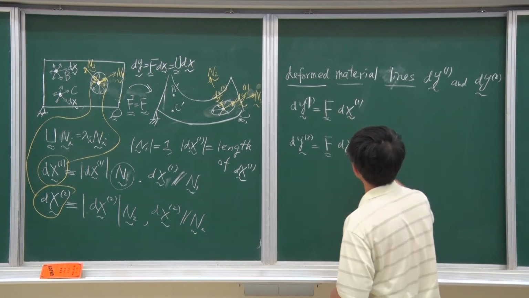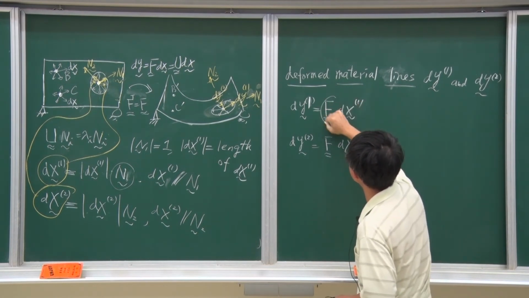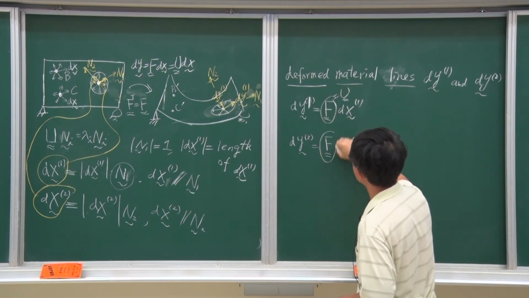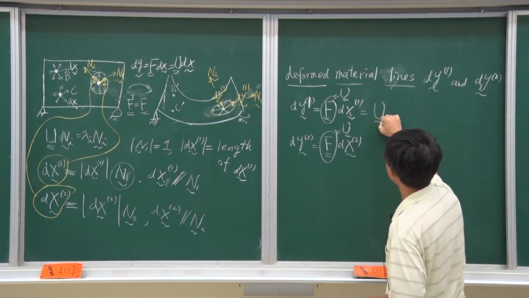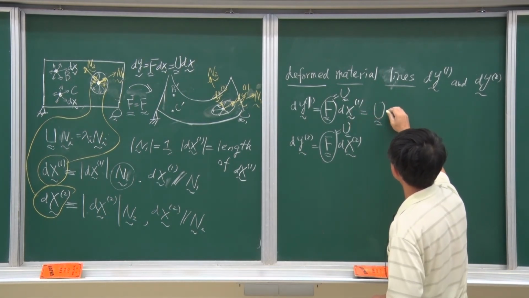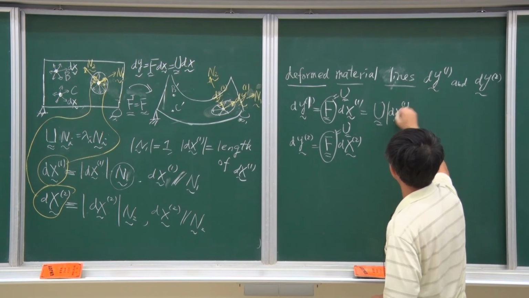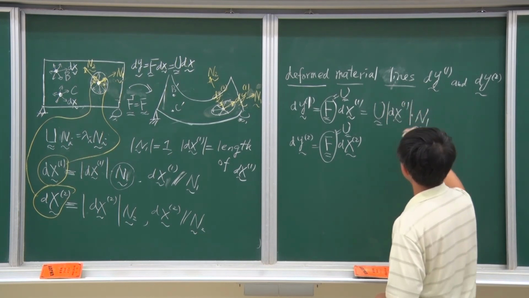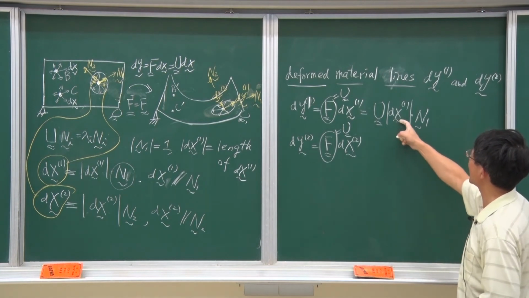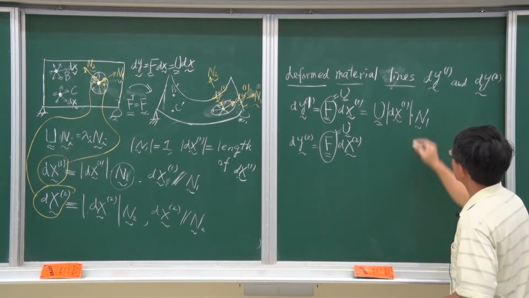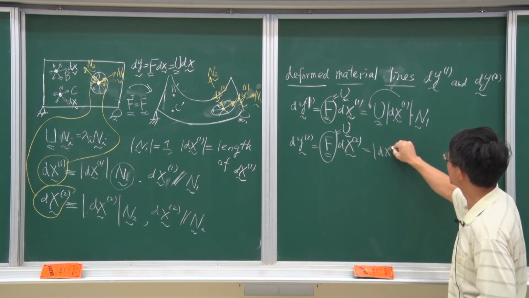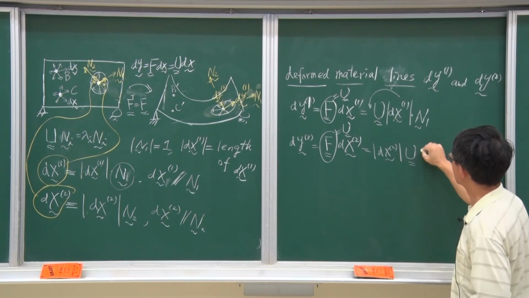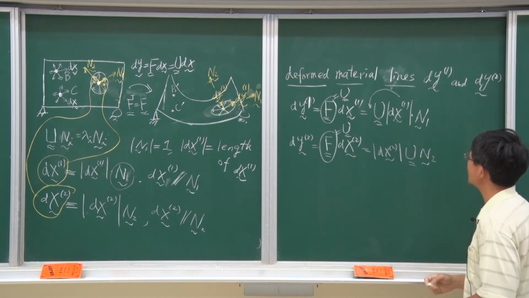Let me show you. But now this is U. And this one is, right, this one is this one, but this is a scalar, so a scalar can be brought to the front of the matrices. It doesn't matter, right?